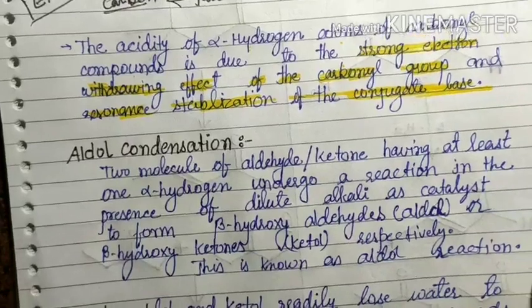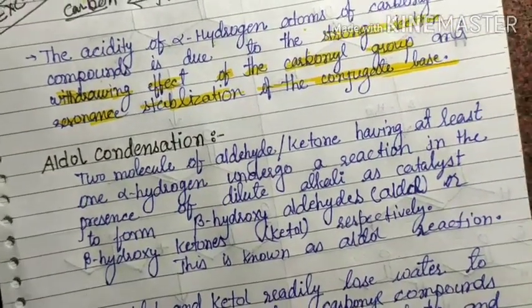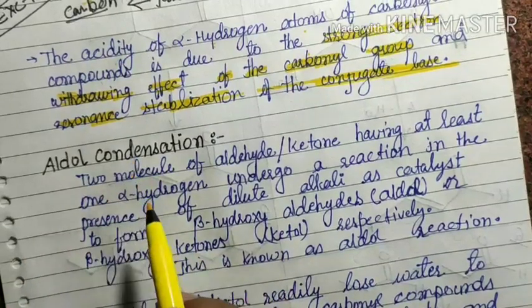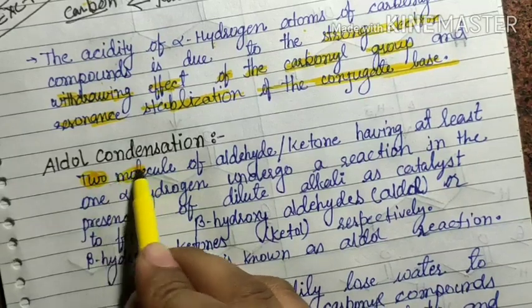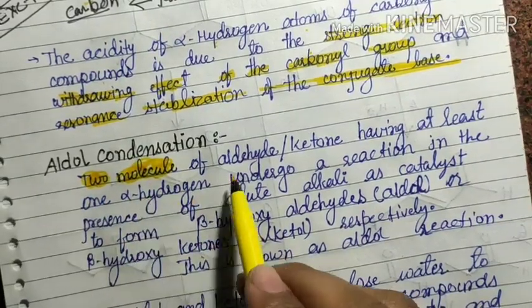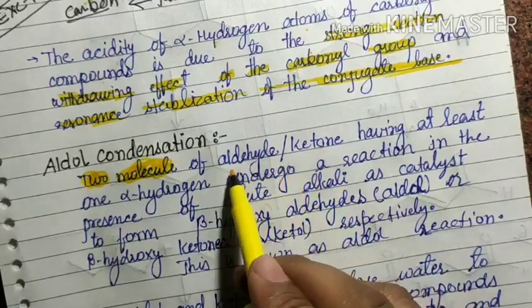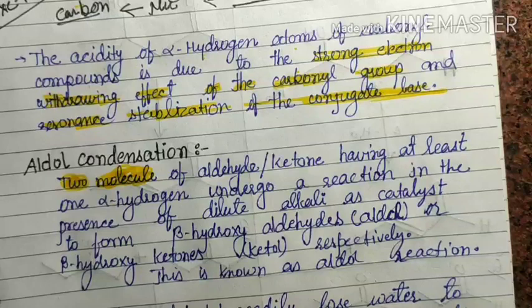So listen carefully and then I will discuss the reactions. First point about the aldol condensation: two molecules of aldehyde or ketone. We study here the reactions of aldehydes and ketones.